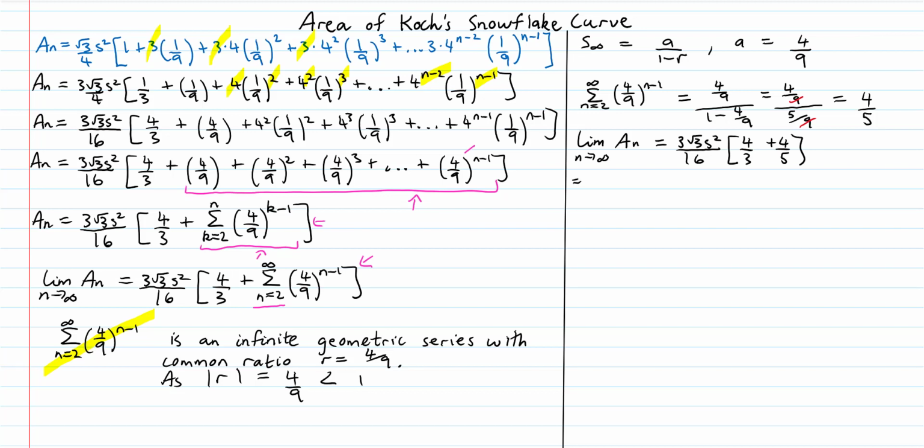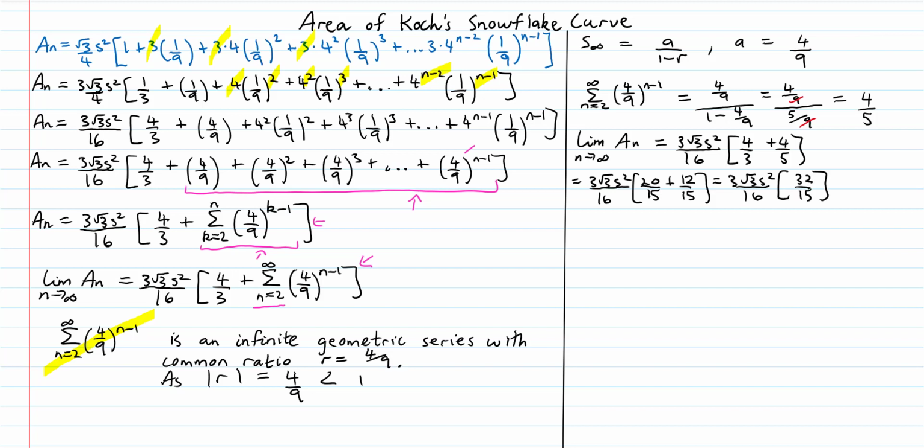That is equal to 3 times root 3 times s squared over 16, and then finding a common denominator, we're going to have 20 over 15 plus 12 over 15, so that equals 3 times root 3 times s squared over 16 times 32 over 15.